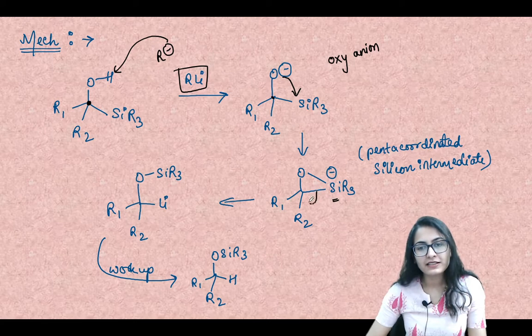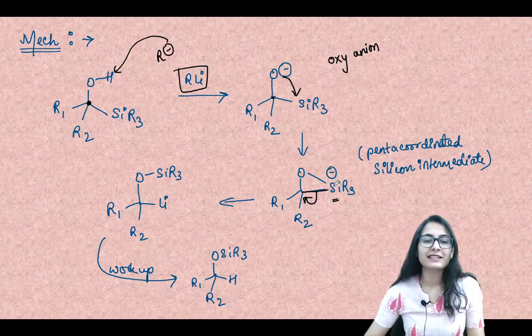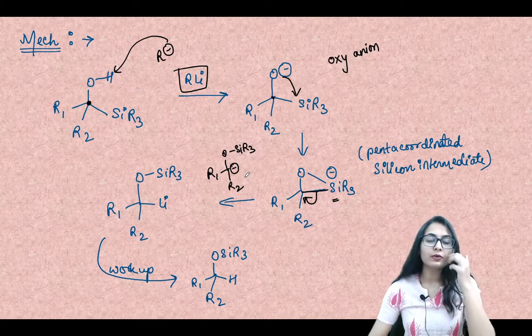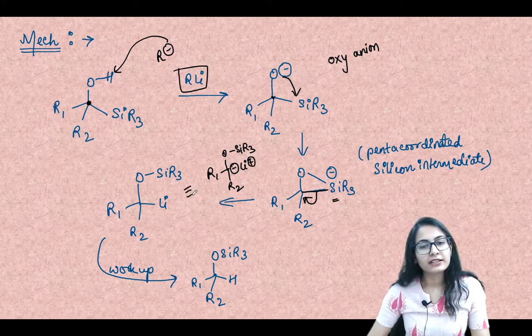So rearrangement happens and the carbon silicon bond is going to break, because silicon has a greater affinity for oxygen, fluorine, hard nucleophiles basically. So the bond breaks and you have ROTMS or OSiR3, whatever group is present, and a minus charge. Now you have the carbanion on this side, which is going to be stabilized by lithium plus. You can also write it in this manner.